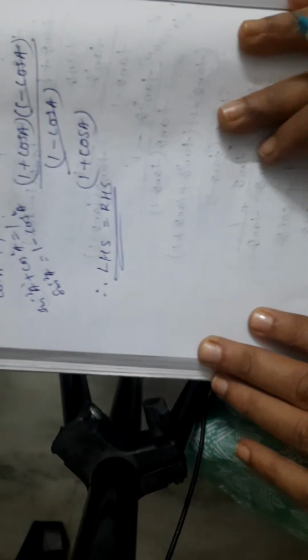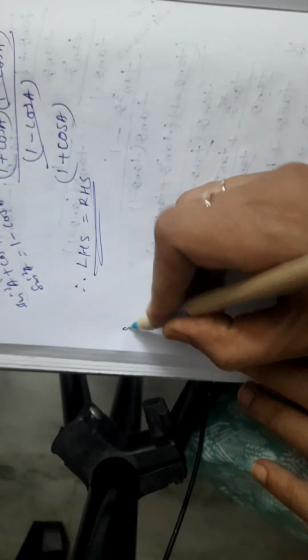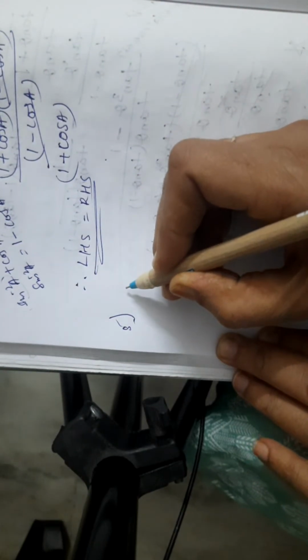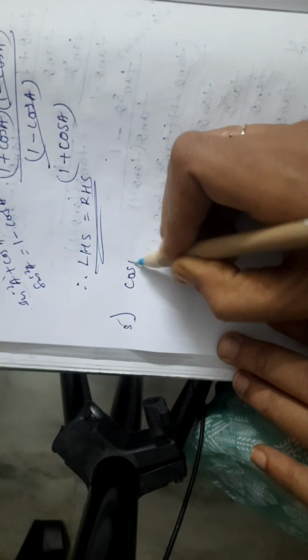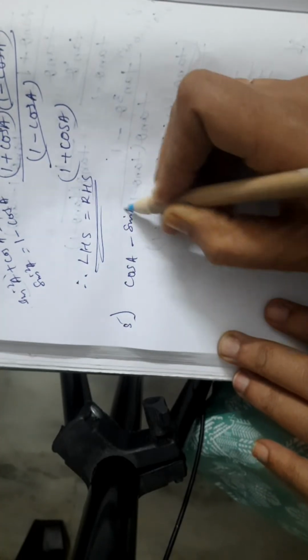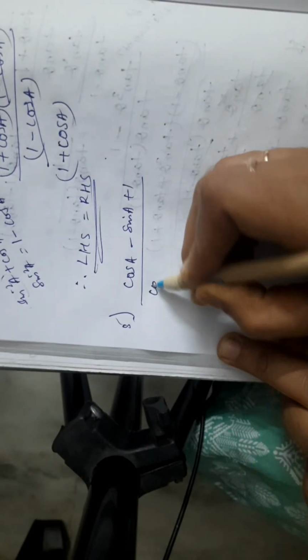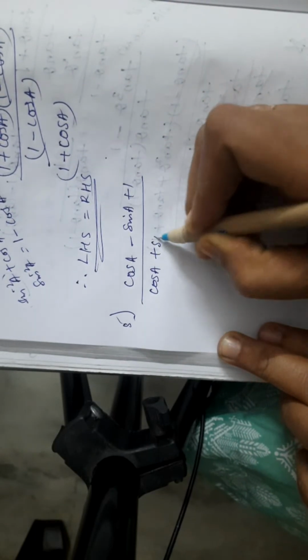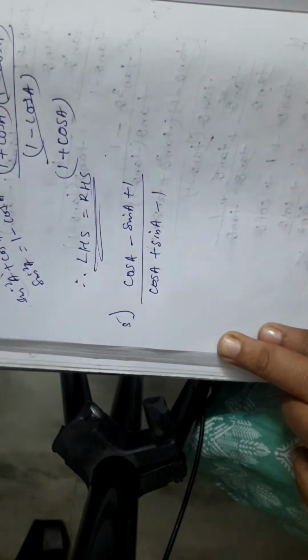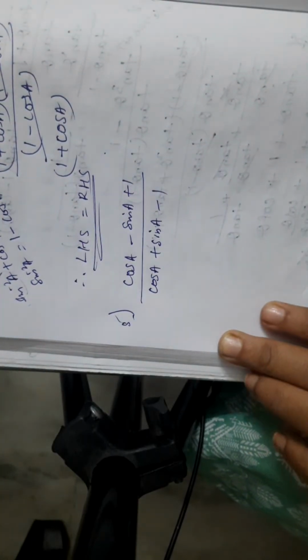Now coming to the next question. Question number 5: cos A minus sin A plus 1, over cos A plus sin A minus 1. So this is the same as the first question we did.